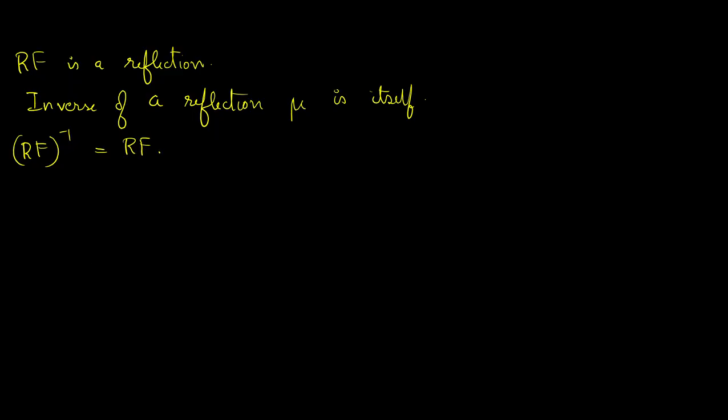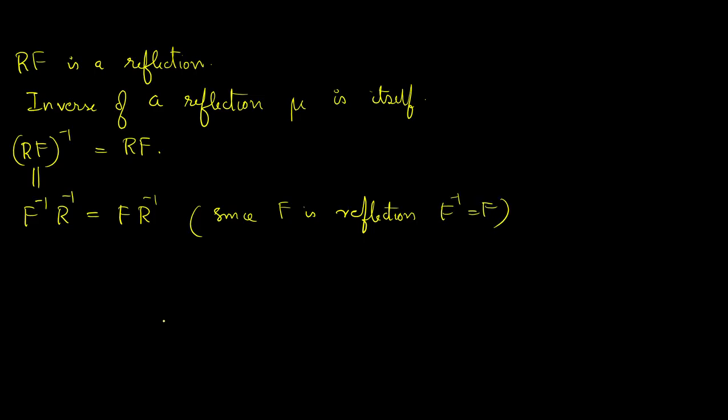But then we can apply the shoes-socks property, and we will have that this is actually nothing but F inverse times R inverse, right? Now, what is this F inverse? F is a reflection. So F inverse must be F itself, right? So this will be F times R inverse, since F is a reflection.